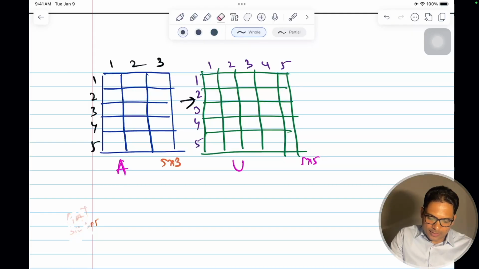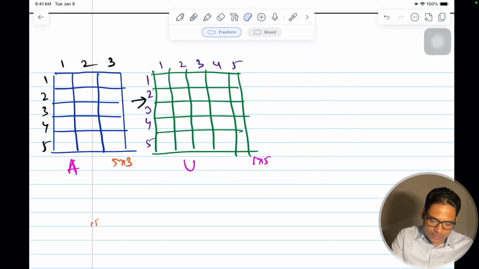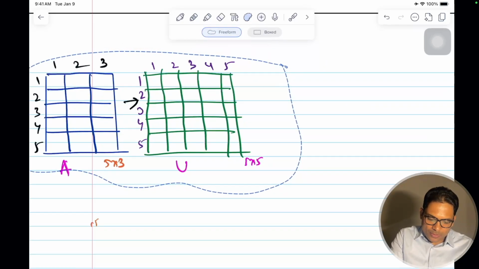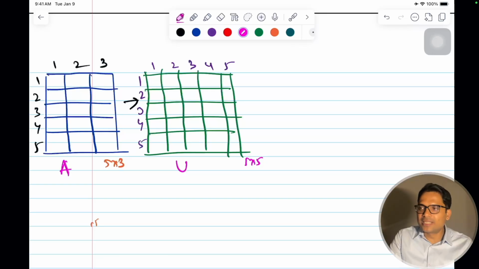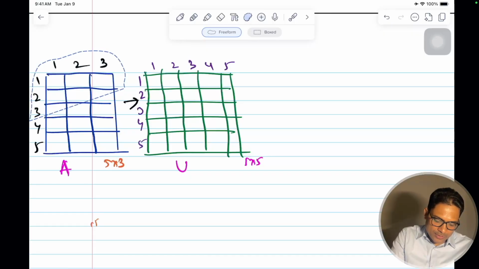Okay, and then let me reduce the size of this so I can fit all the things. I hope this is visible. So this is your U, then my sigma will come. This sigma should match the dimension, so it should be the same as the A matrix, because that's how it will match the dimension.